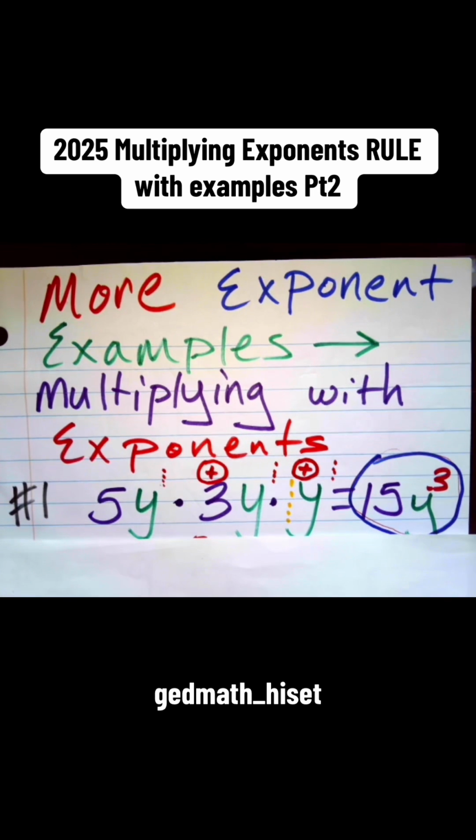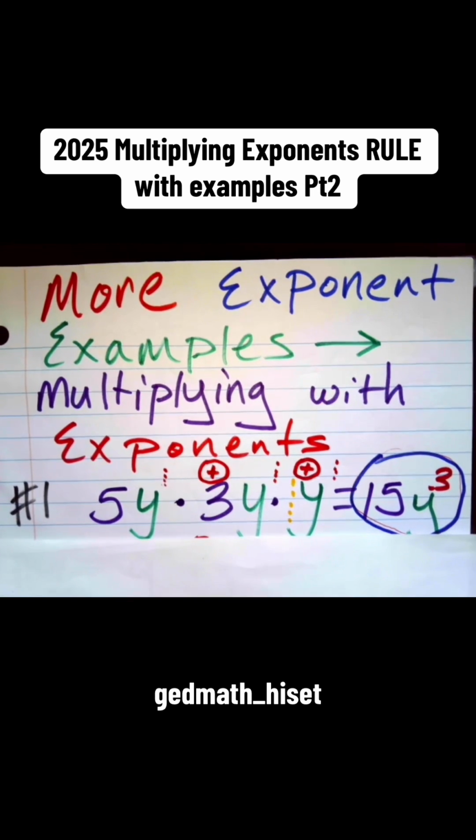I show a dot, dot, dot to indicate it's an invisible one, but you can go ahead and write a 1 there, right here, you can draw in a 1y. It'll clarify things for you.